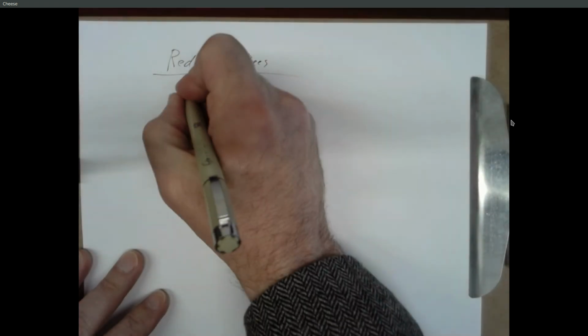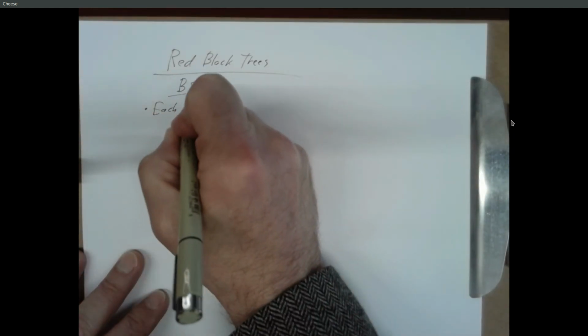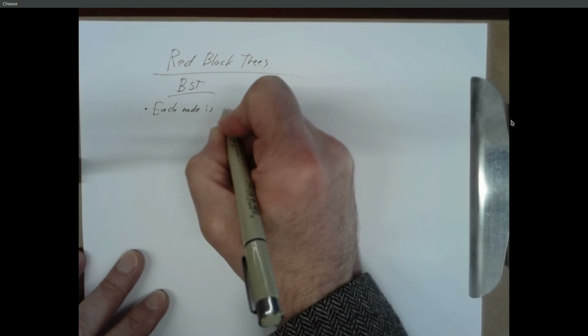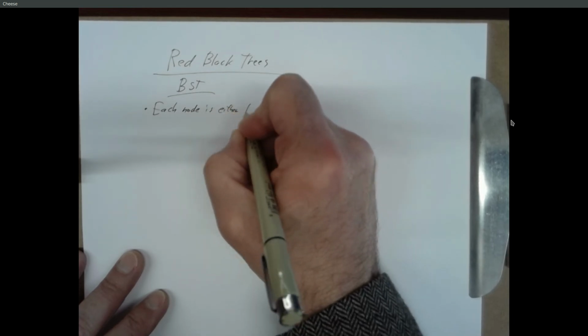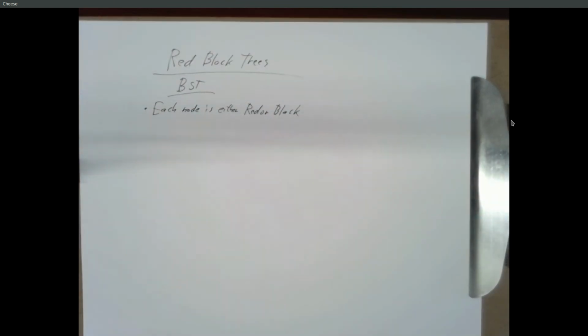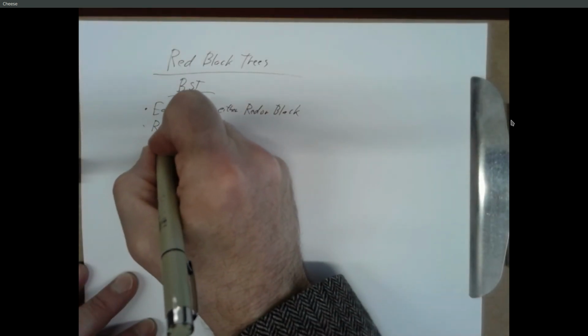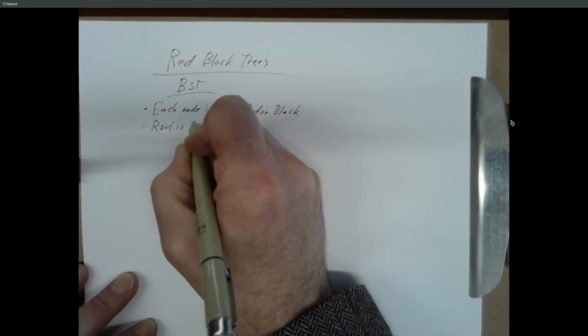So this is a binary search tree, and it has the following characteristics. Each node is either red or black. So you need a bit that tells you what the color of the node is. The root of the tree is always black.